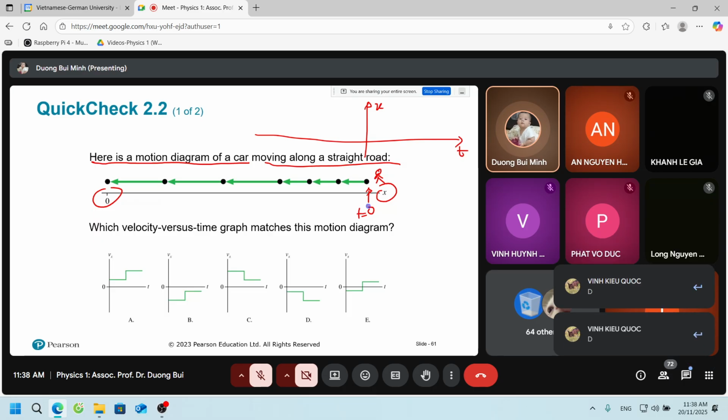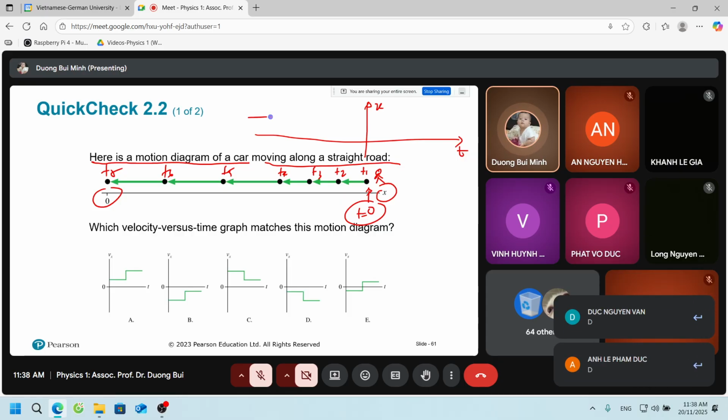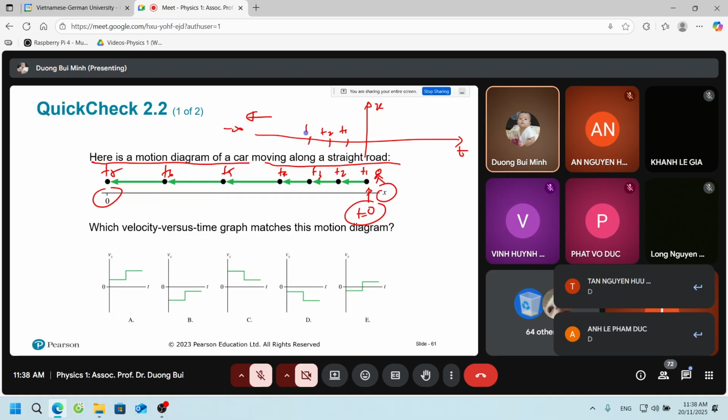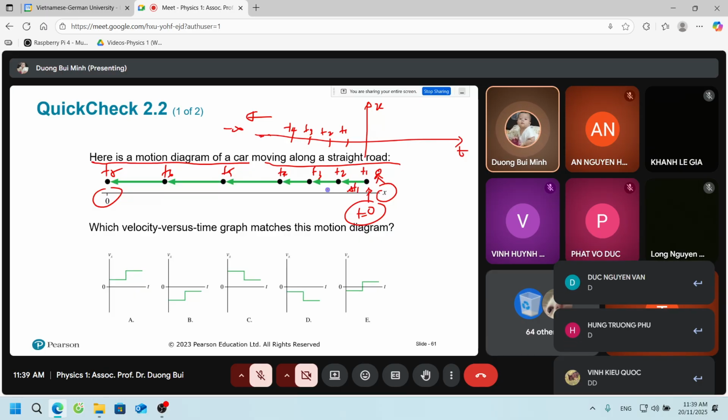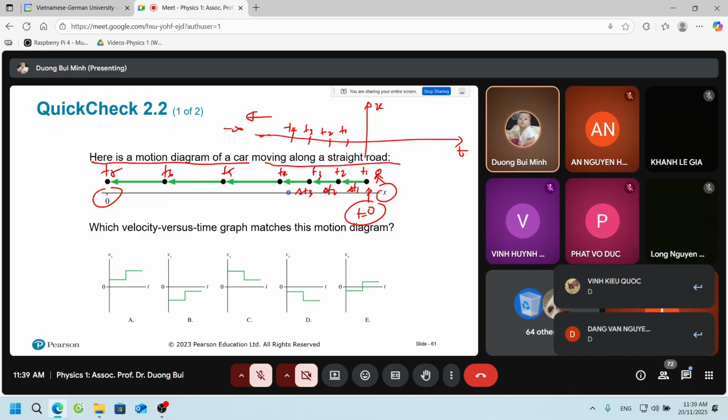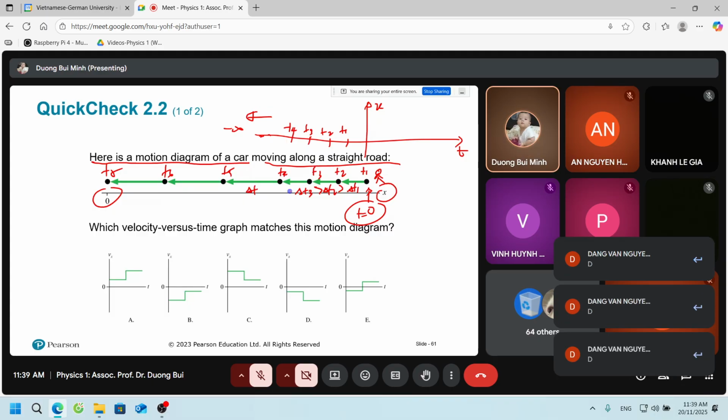If I consider t0 here, then t1, t2, t3, t4, t5, t6, t7, because this is t0, and then we come to the negative direction. Here you get delta t1, delta t2, delta t3, and higher.